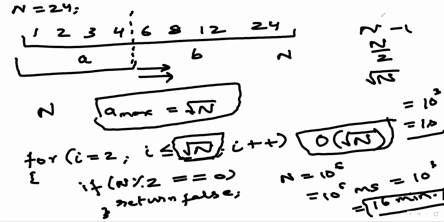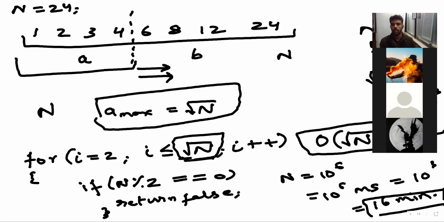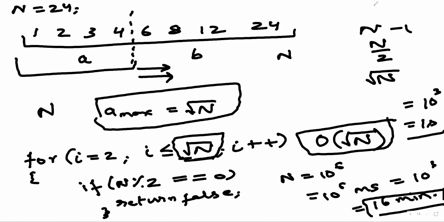So definitely, having a good knowledge of time complexities, algorithms and data structures is a must whether you want to be a web developer or any other domain that you want to go into. So guys, if you still have any questions, you can ask me now. These were the two questions that I planned for you today.